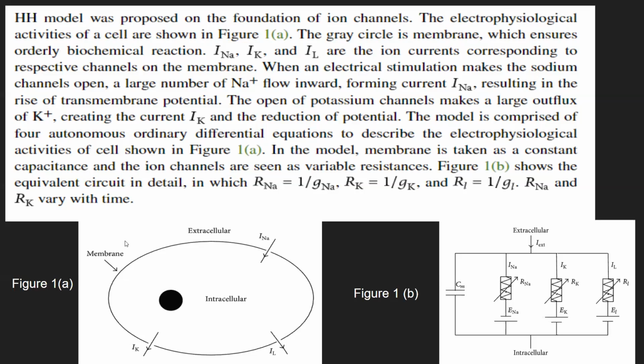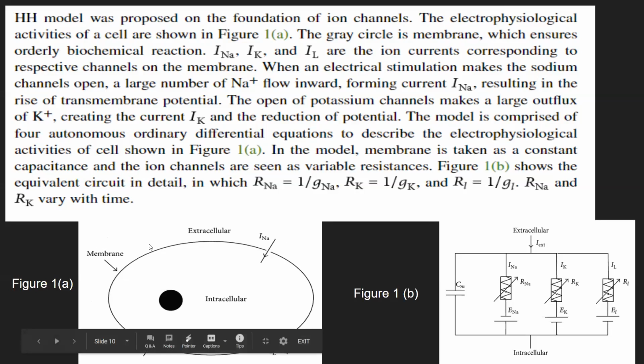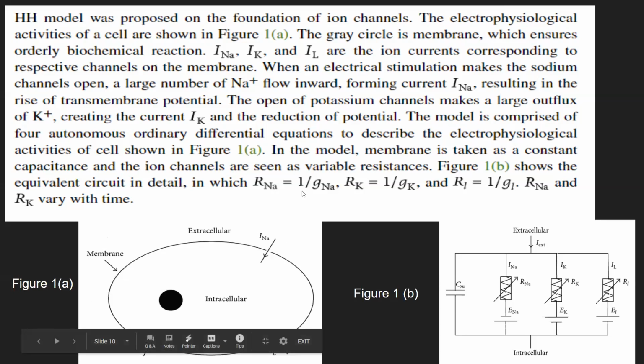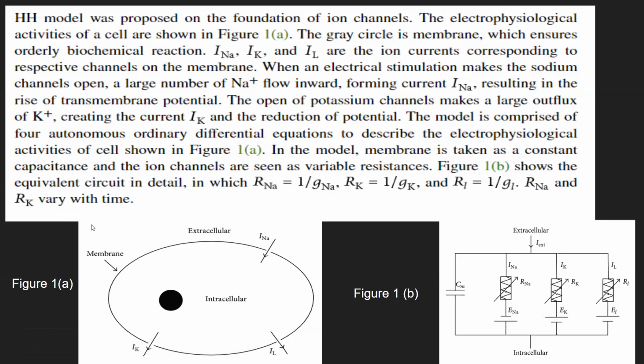The model comprises four autonomous ordinary differential equations to describe the electrophysiological activities of cells shown in figure 1a. In the model, the membrane is taken as a constant capacitance and the ion channels are seen as variable resistance.